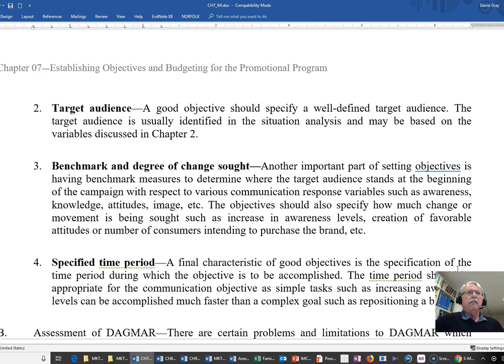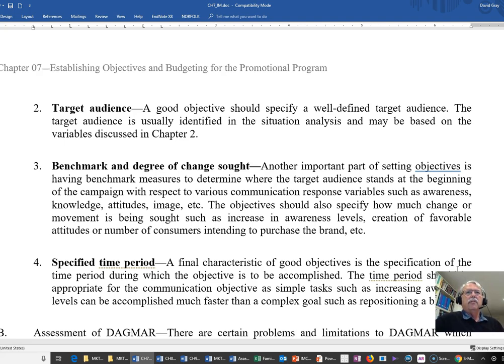I need to be very, very precise, very careful in terms of identifying specific organisations or a specific targeted group of customers or stakeholders. Then, okay, I've identified the target audience. Now I need to identify a benchmark.